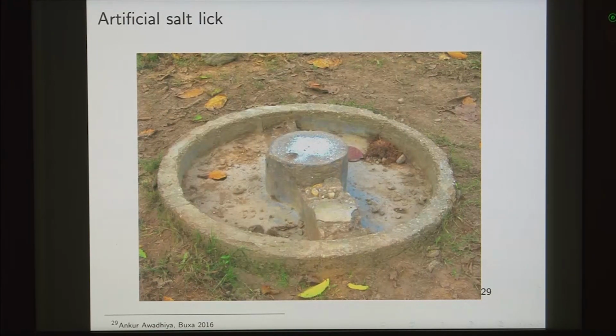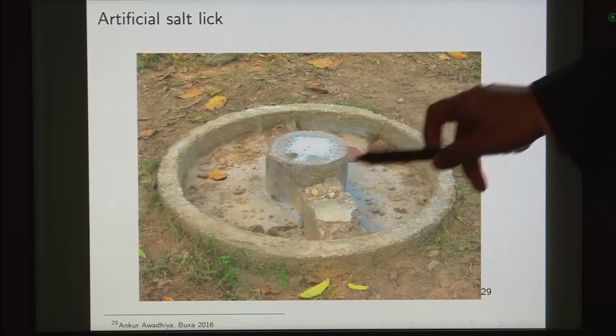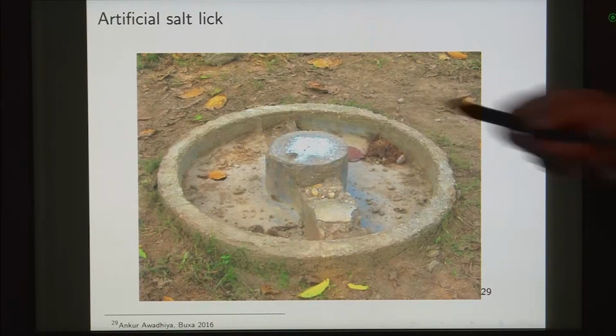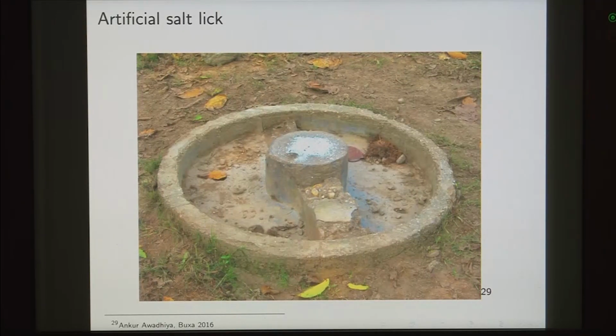Salt licks are areas in which we put some salts and we also add some mineral nutrients, so that if there is an area where we observe some amount of mineral deficiency in the wild animals, we could construct some salt licks. In this case we will have some salt and mix it with some other minerals, so that the animal will come and lick at these salt licks and get the minerals, so that their health improves.